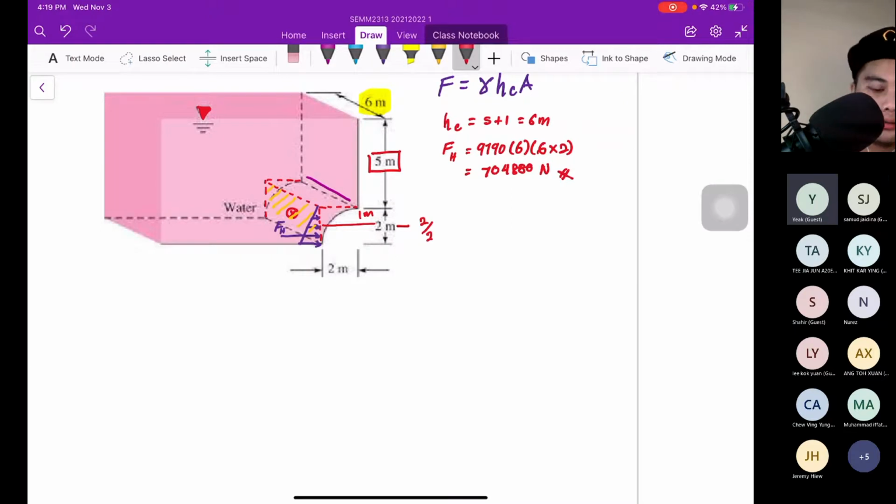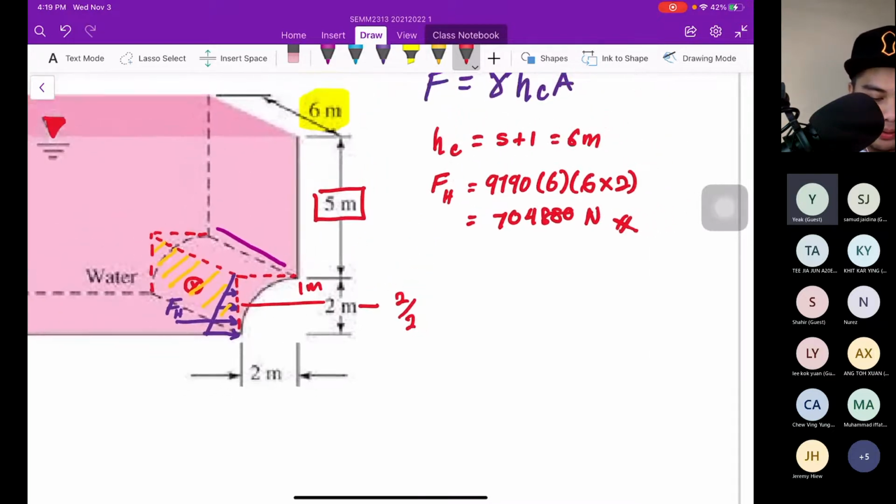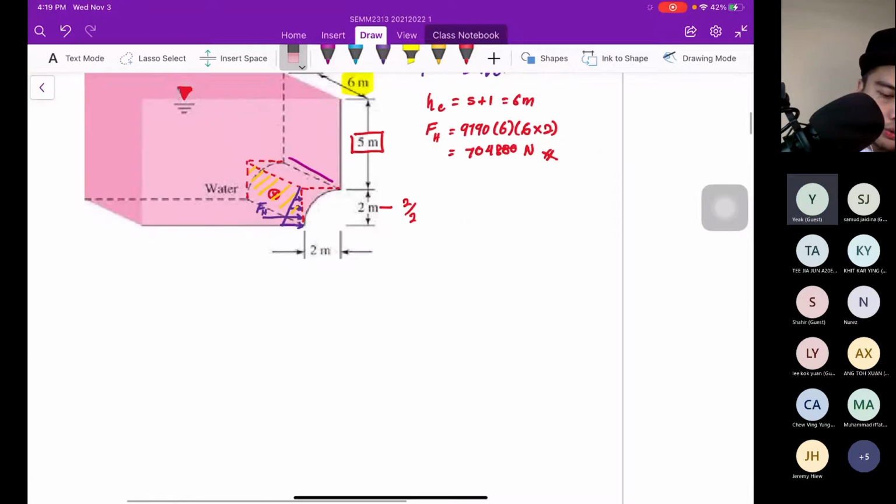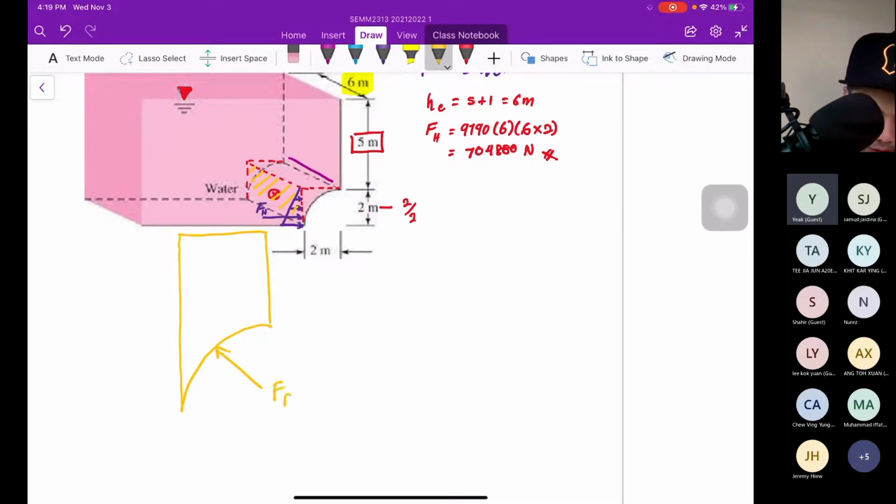However, to calculate the vertical force, we must look at this one. I will try to draw it to make sure you clearly understand. Okay, this is the block. Definitely, we get the resultant force FR.